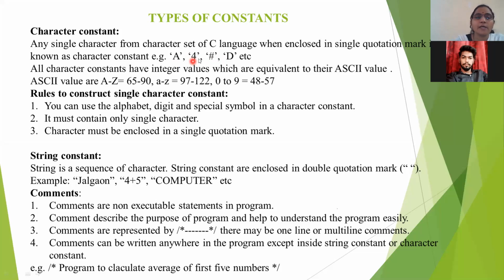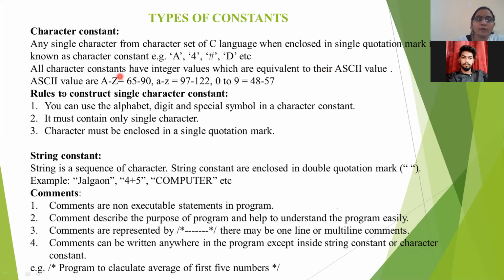All character constants have integer values which are equivalent to their ASCII value. ASCII stands for American Standard Code for Information Interchange. These are some of the values the computer internally uses for the respective characters on the keyboard.